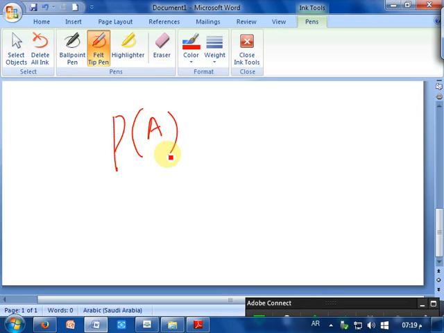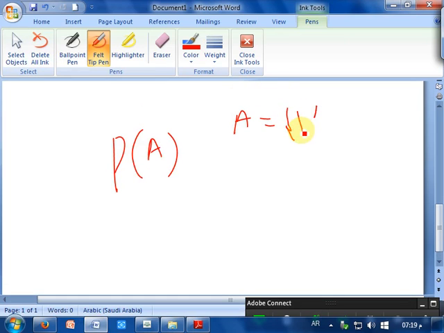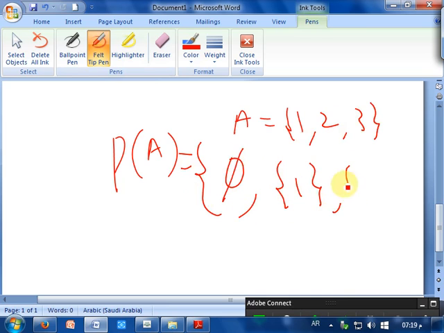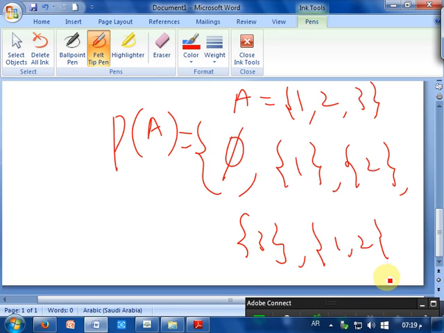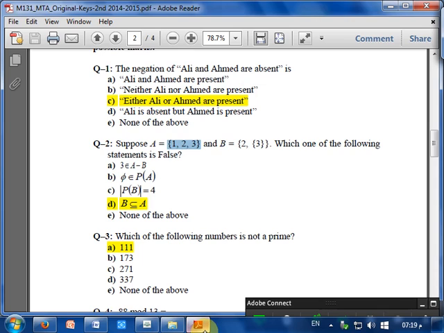For example, if A is {1, 2, 3}, then the power set of A is the set of all subsets: null, {1}, {2}, {3}, {1,2}, {1,3}, {2,3}, {1,2,3}. Starting from the null, so here you have the null. Null belongs to the power set. It is true.